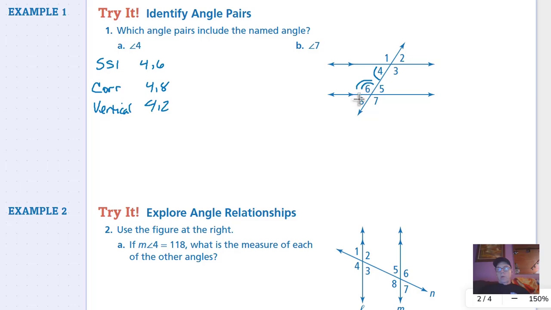Let's see what else we got. So we got corresponding. Same side. We did the same side interior. We have corresponding. The only other one is alternate interior. We have 4 with 5. Those are alternate interior. And that would be angle 4 and angle 5.